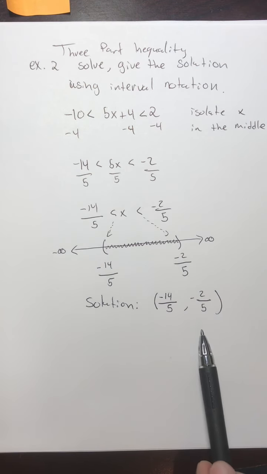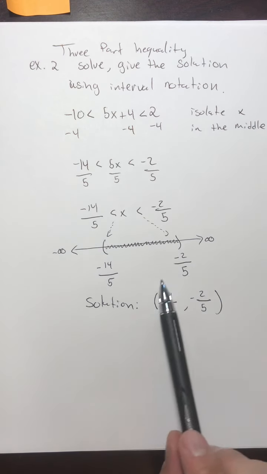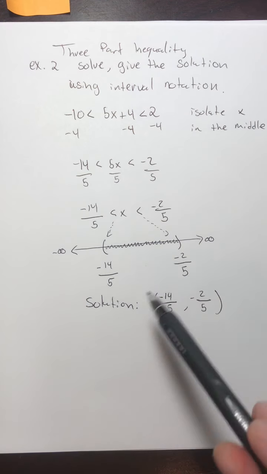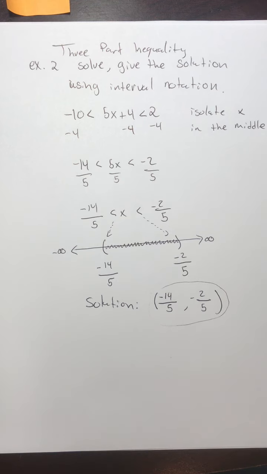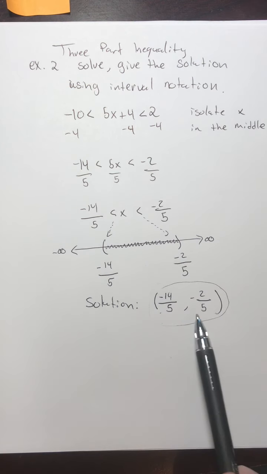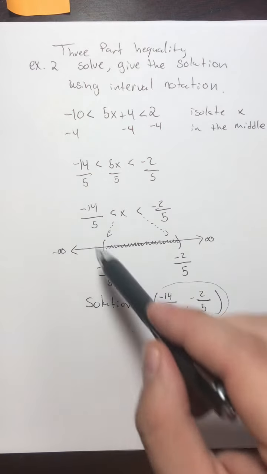And this is an interval, so real quick, context is important in all forms of communication. If you saw this exactly with no context, it could be confused for an ordered pair. This is the interval notation that says x is strictly between negative 14 over 5 and negative 2 over 5, and we know that because of the context of the problem.